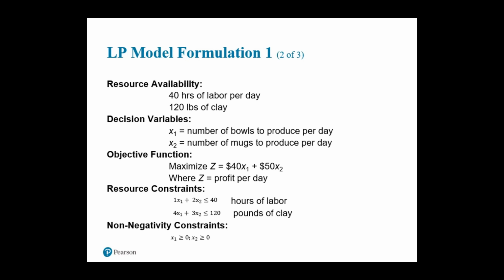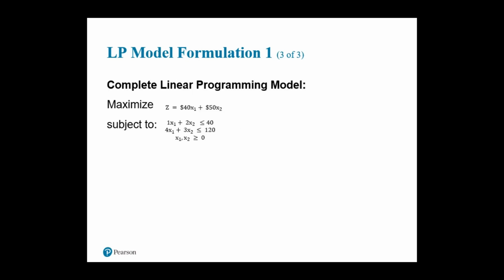So what we'll do is that, this is the formal statement of the model. This is what we call the mathematical statement of the model, which is what we have enumerated.